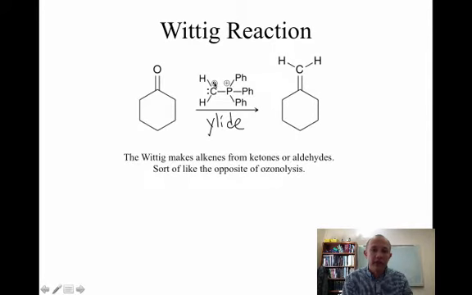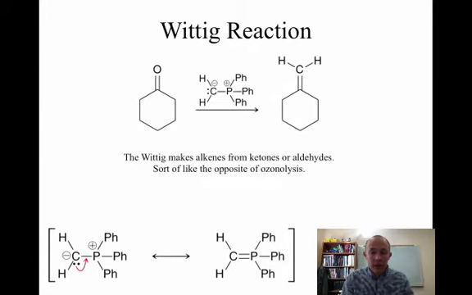We can draw a resonance structure of this species where the carbon and phosphorus are double bonded to one another. But this resonance structure is the most useful because it shows us that the carbon is a nucleophile. We have a nucleophilic source of carbon in our ylide, which is going to help us understand the mechanism to get to our carbon-carbon double bond.